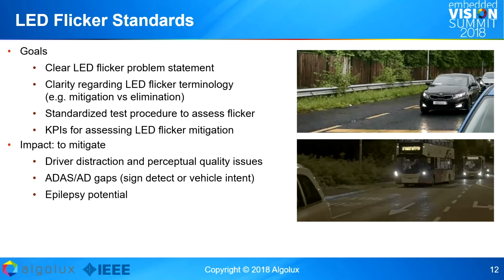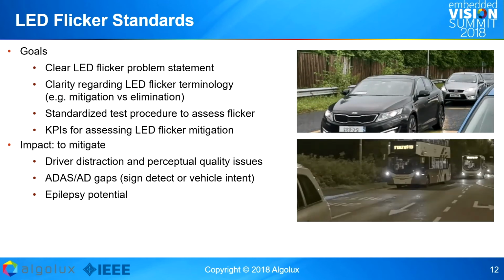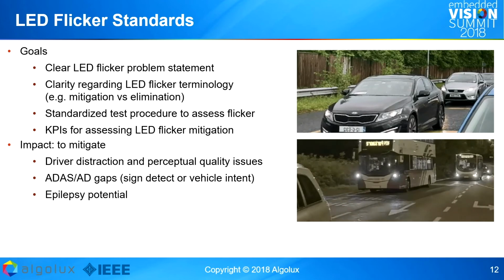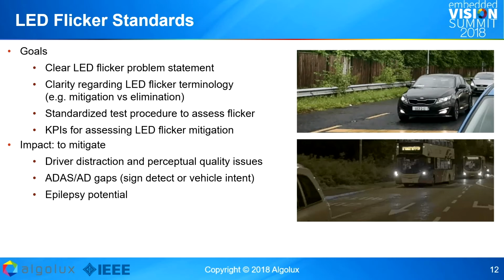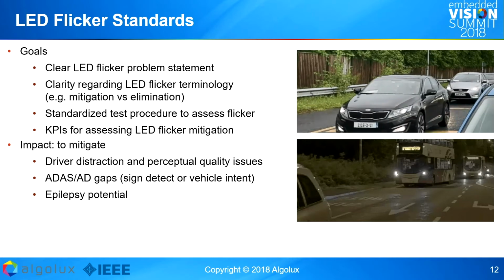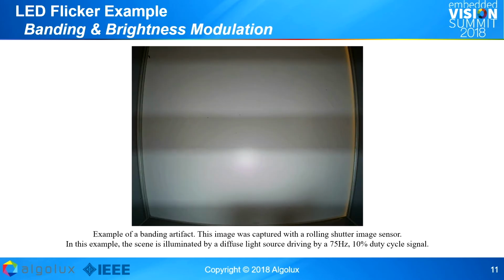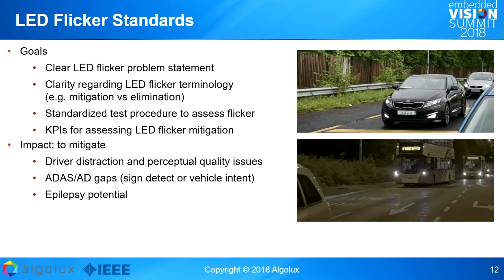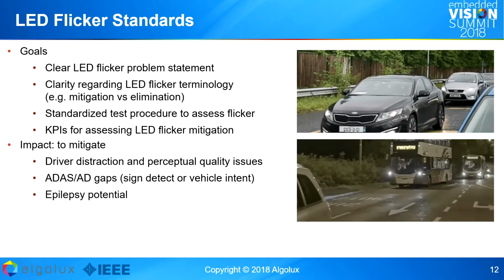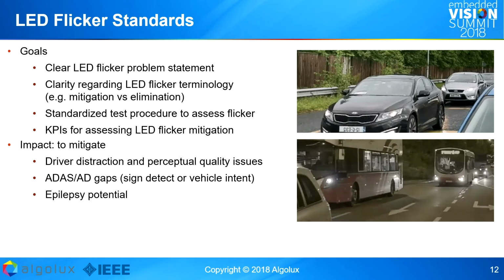And you can see here, this is an interesting example on the top right. Here's a car, and I'm going to play it again, which has, in fact, interestingly, two different drivers for the pulse width modulation in the headlights. So you can see here, I'm going to play this again. In the very last frame, you see the right seemingly blinker going on, and you can see here it's completely different beating patterns that you measure here.